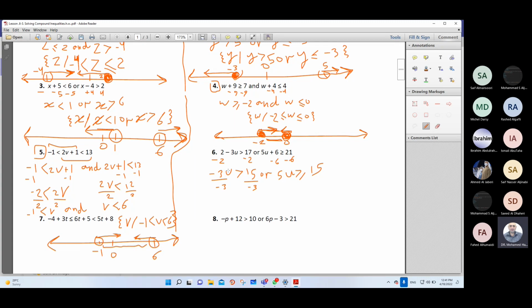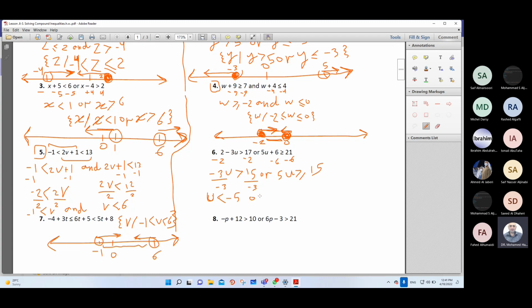So remains here u, sorry, and always remember when you divide or multiply by a negative number, switch the sign of the inequality. The sign will be less than, and 15 divided by -3 will be -5.